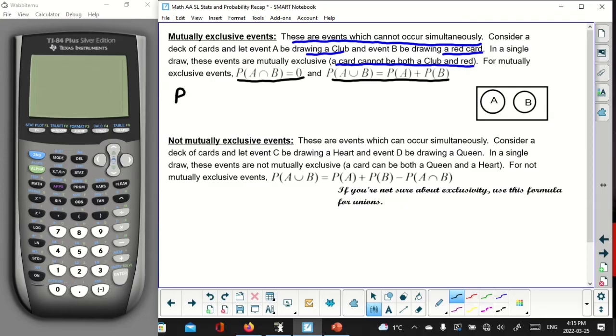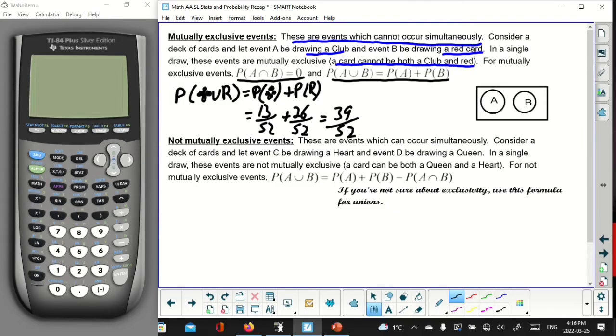So let's think about that. The probability that a card is a club or red would be the probability that it's a club, and I'm doing my best to draw a club there, plus the probability that it's red. There are 13 out of 52 cards that are clubs. There are 26 out of 52 that are red, so this is 39 out of 52. A really good way to think about these situations is with a Venn diagram.